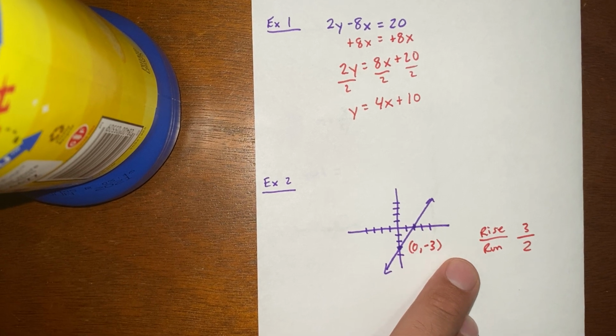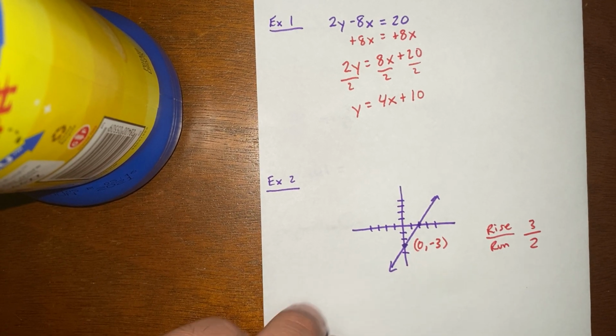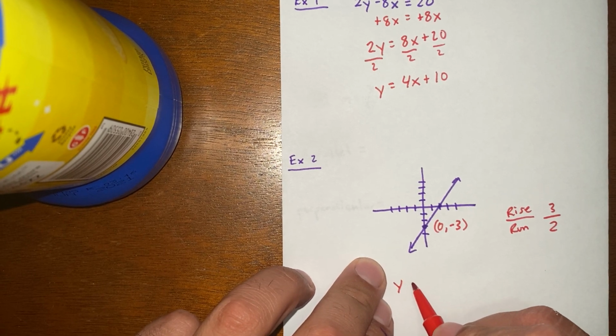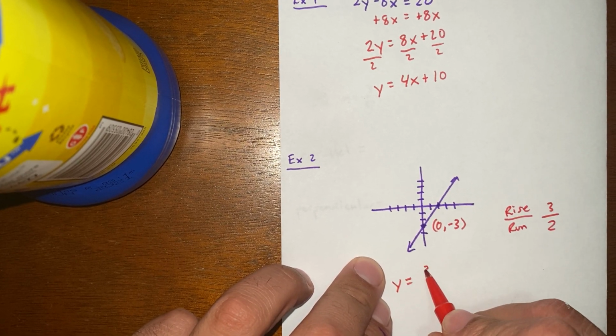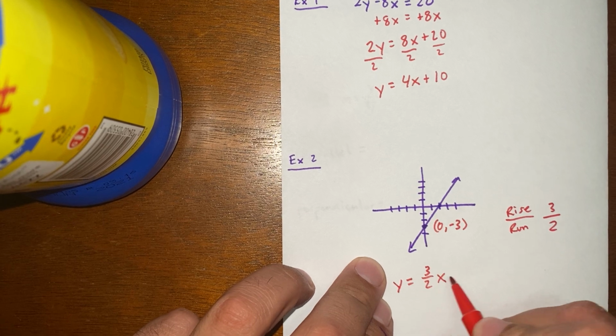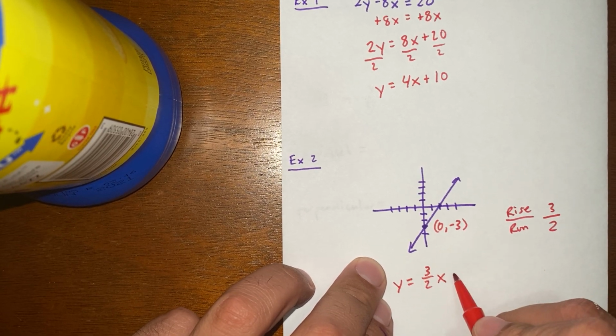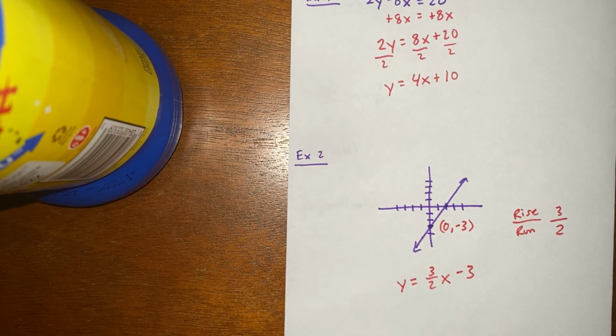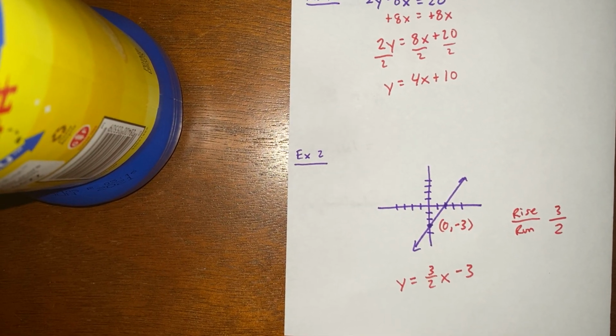I can't simplify that, so that's just my slope. In slope-intercept form, it'd be y = 3/2 x, and my y-intercept is -3. So there is slope-intercept form.